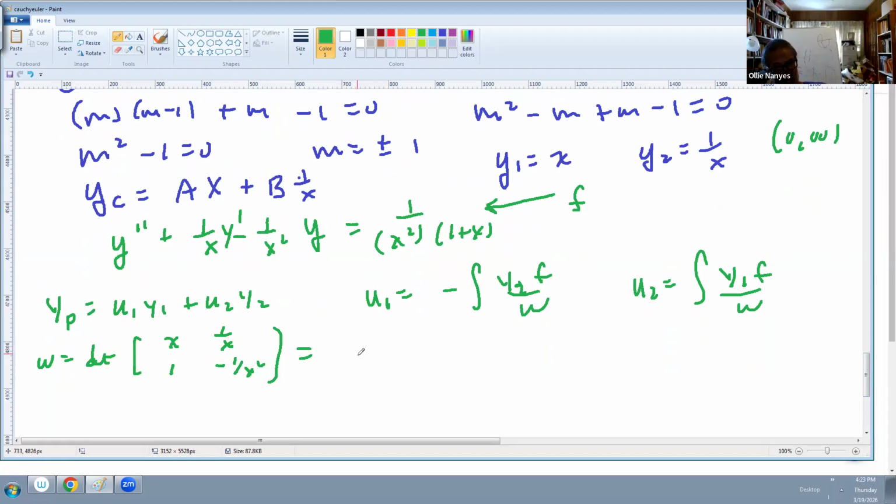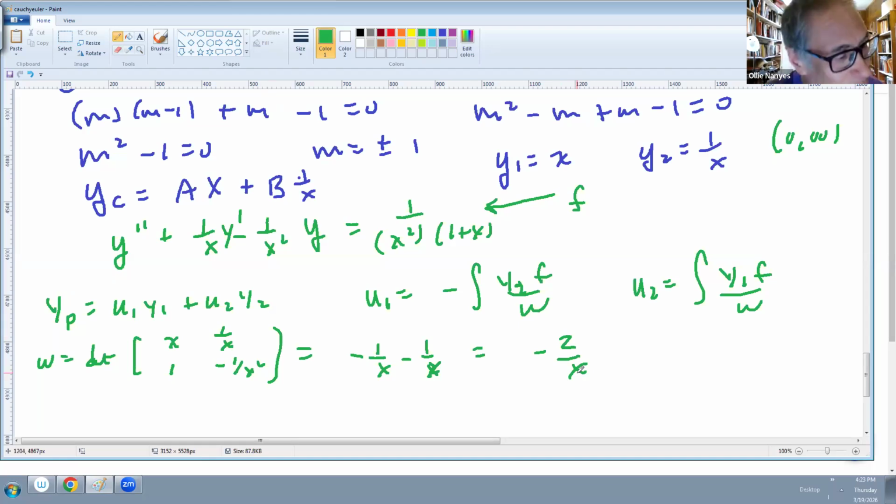We take the determinant, that's minus 1 over x, minus 1 over x, so it's minus 2 over x. I'm going to check my notes just to make sure I didn't do anything stupid. And yeah, it still looks good. So it's minus 2 over x. That's still the Wronskian.